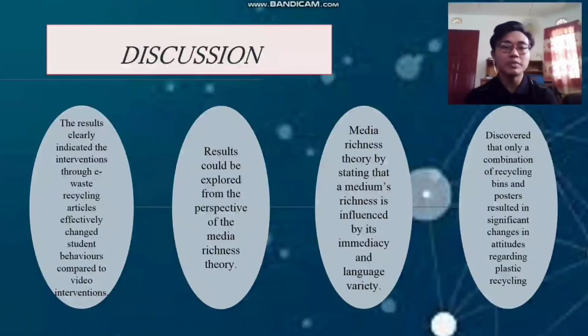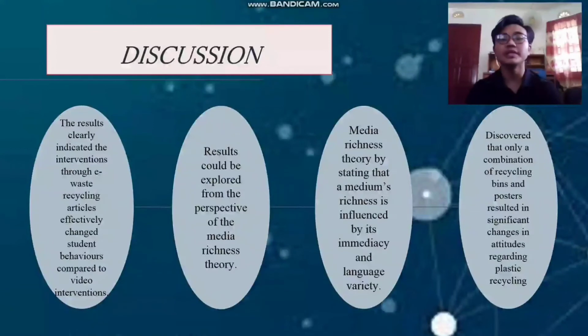Based on these factors, people would assume that video format will be more effective than text intervention, but it is wrong because the author used Shepard's argument about ambiguity to discuss this finding. His argument shows that communication is most effective when the level of ambiguity is high, but since the message communicated was related to e-waste recycling and the experiment was conducted in a university, it could be less ambiguous.